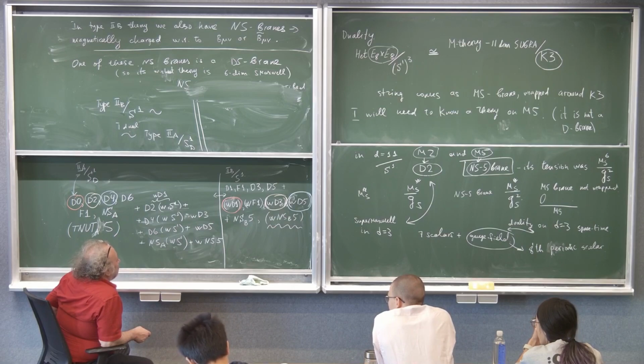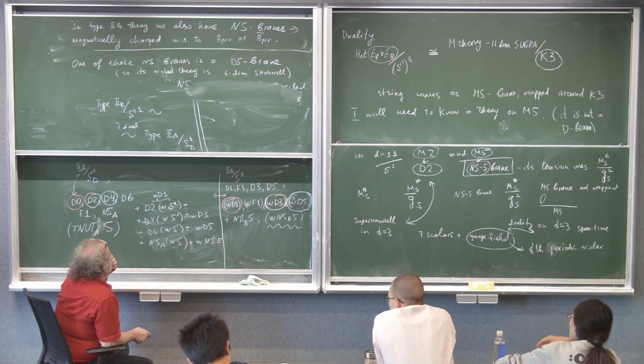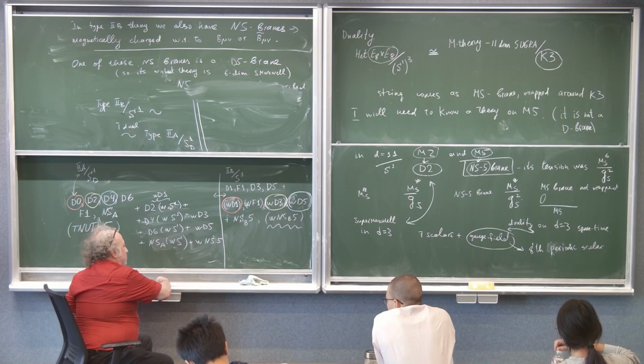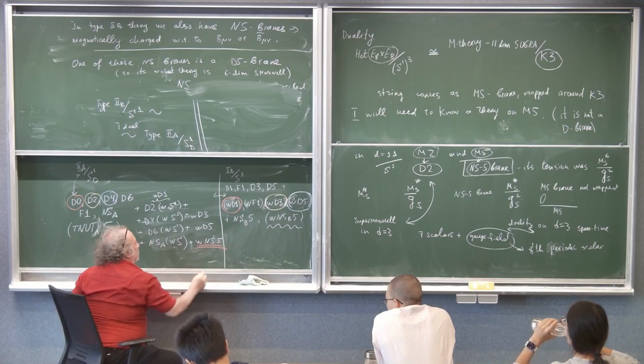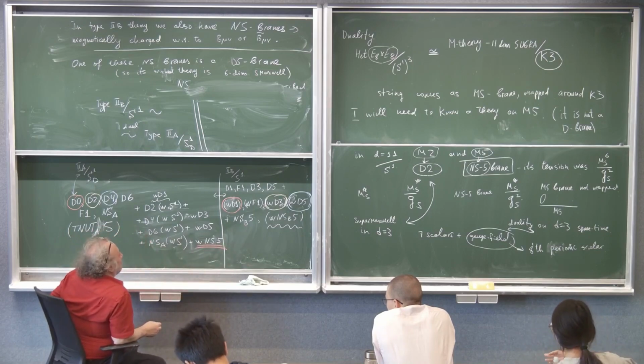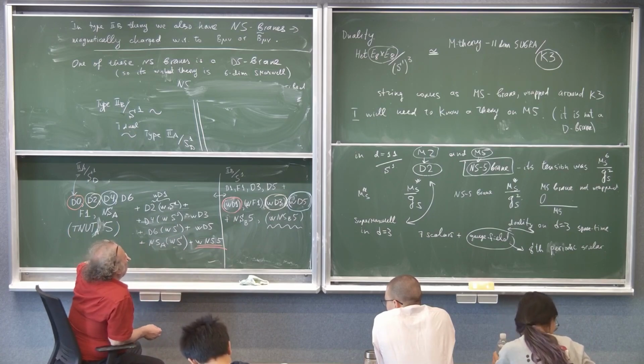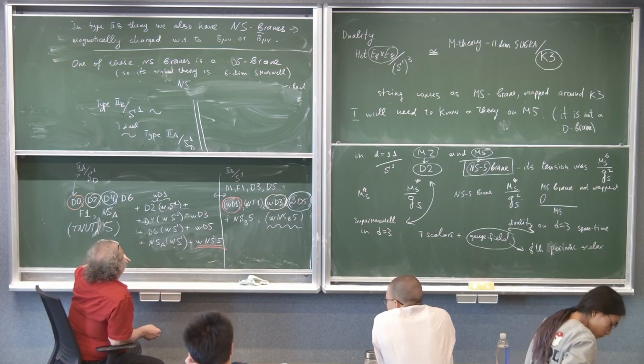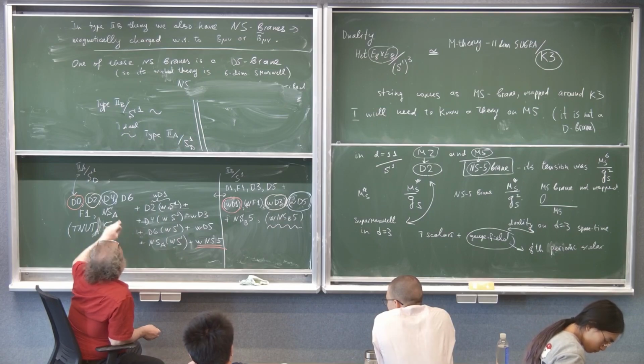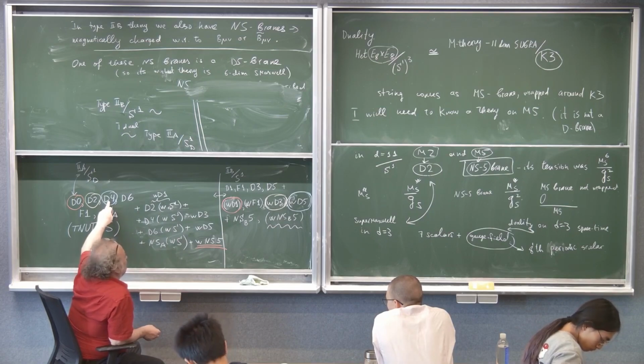So there are 2 programs. So we need to see them here. So here we see this wrapped NS5 brane, and so wrapped D5 is already here.